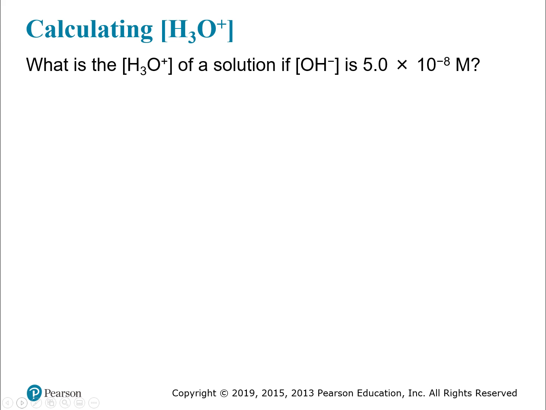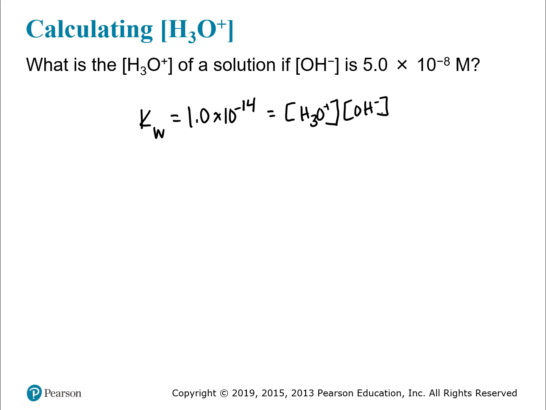Like I said, we have to use the Kw for water. So that is Kw, which is equal to 1 times 10 to the minus 14, is equal to the hydronium concentration times the hydroxide concentration. You multiply those two together, right? Now we need to rearrange and solve for hydronium.